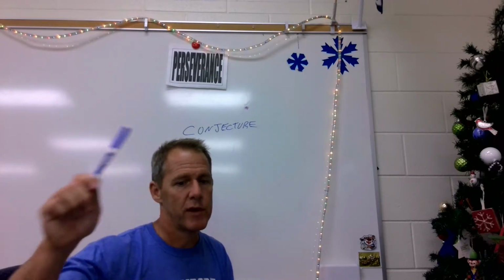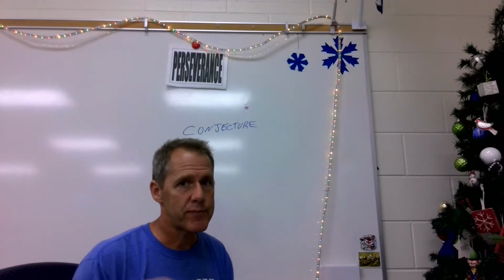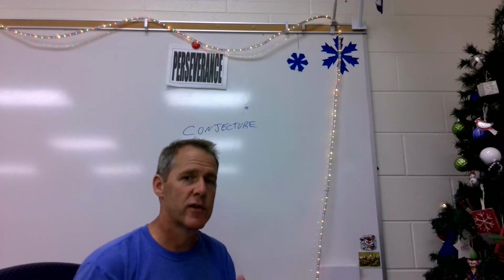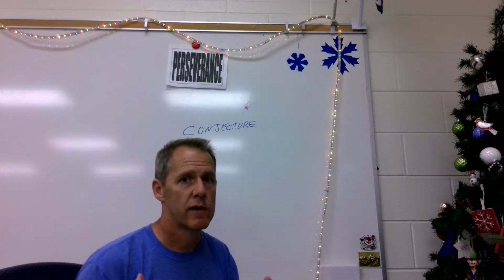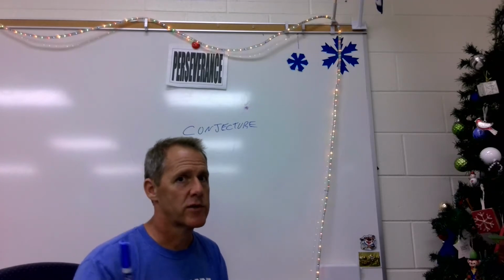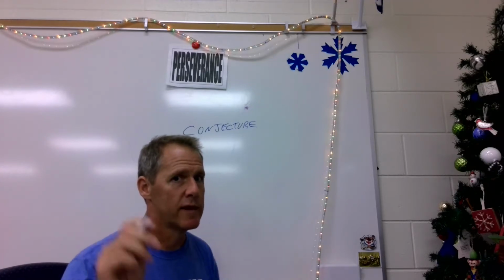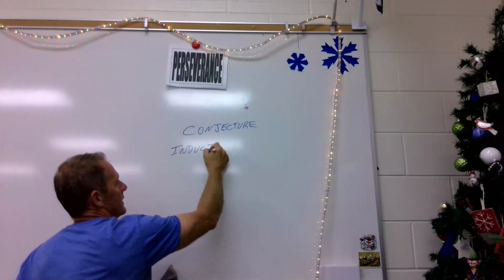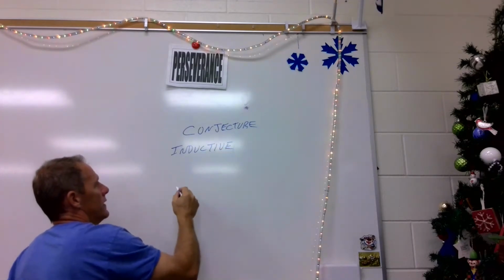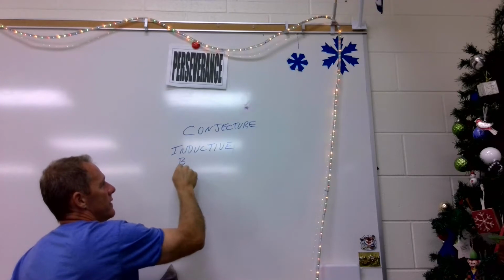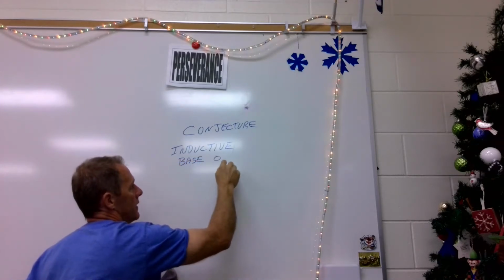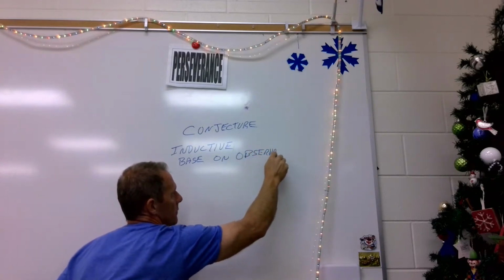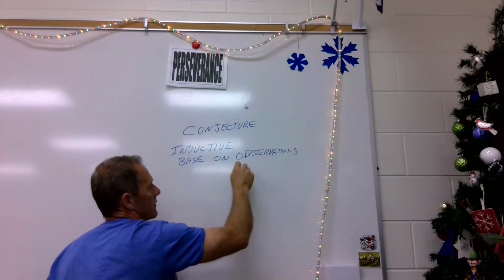If I'm playing baseball or softball, sometimes I think, this is what this team's going to do, and if that's what I think they're going to do, then I'm going to prepare for it, and that's conjecture. Now, in a conjecture, there are two different types of reasoning. One is called inductive, where you base your conjecture on observations or patterns.